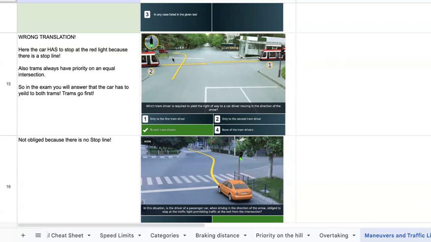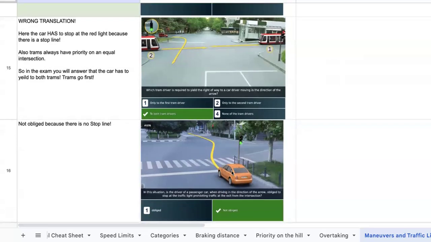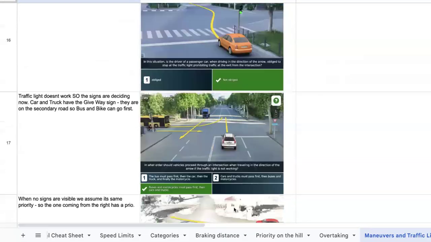So the car has to stop and wait for this traffic light to turn green as well. Here in this case, the car is not obliged to stop because it just crossed this green traffic light, and there is no stop line, so it's not obliged to stop. Okay, I hope it makes it clear now.